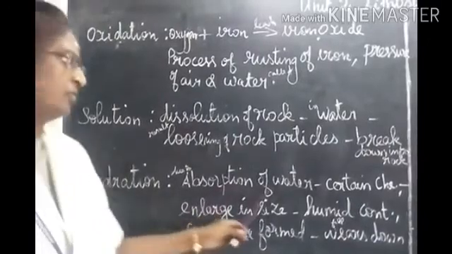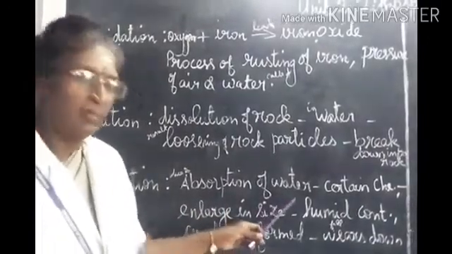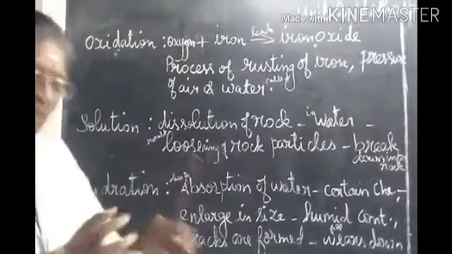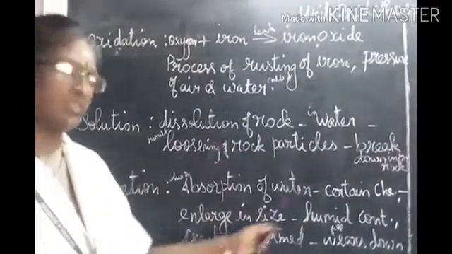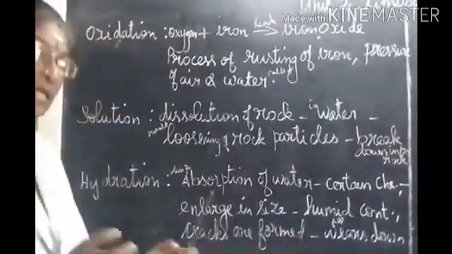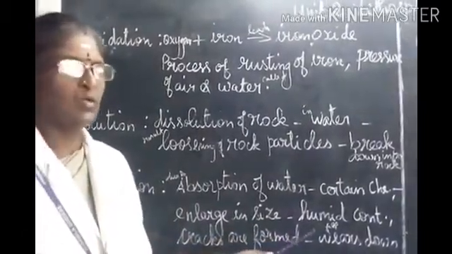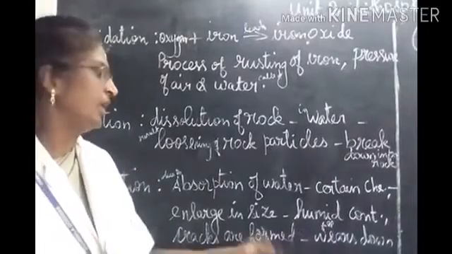So absorption of water makes certain chemicals present in the rock enlarge in size. Cracks are formed and it falls down into small bits of rock.